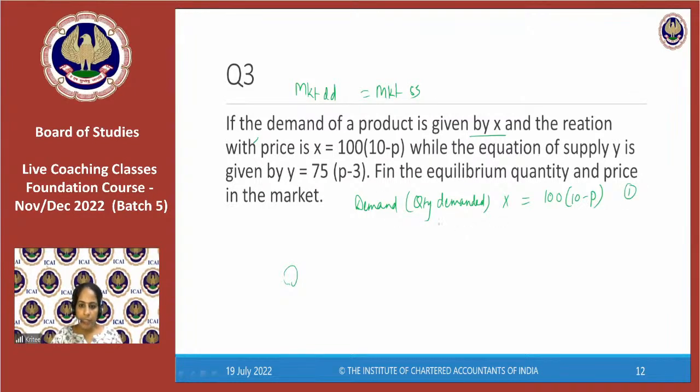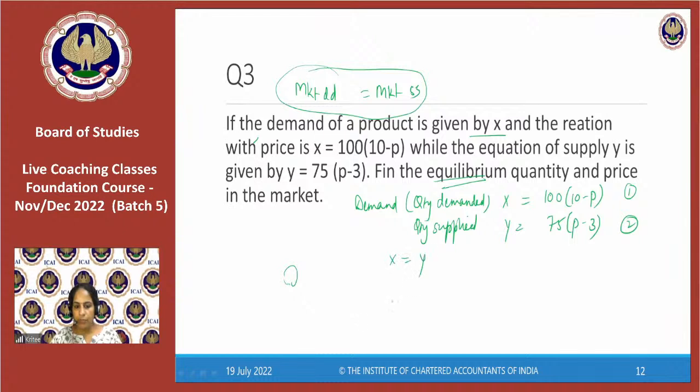Then the equation of supply, that is quantity supplied, Y is 75 into (P minus 3). Again, law of supply: there is a positive relationship between the price and the quantity supplied. The equilibrium arises when market demand is the same as market supply, that is when X is equal to Y. So 100 into (10 minus P) is the same as 75 into (P minus 3).